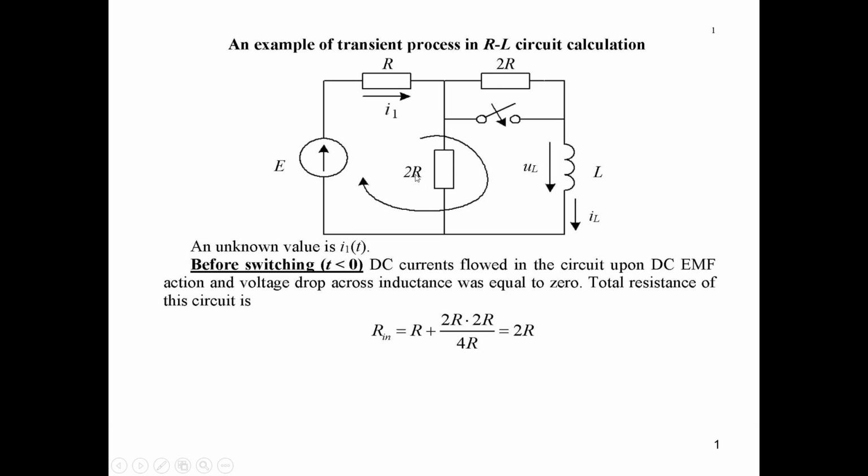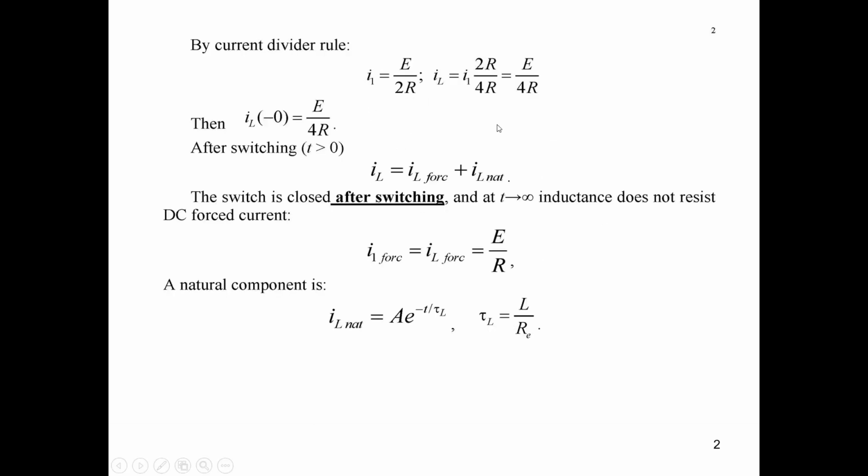So it will be 2R over 4R, or 1/2 of I1. We have this IL, E over 4R. So we can write down that IL from minus 0 equals E over 4R.